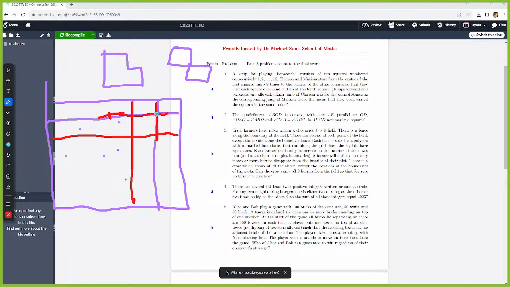Okay. So can you see what actually happens if this berry is inside a farmer's land? Can you see?